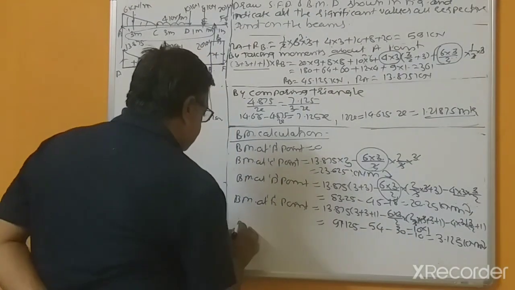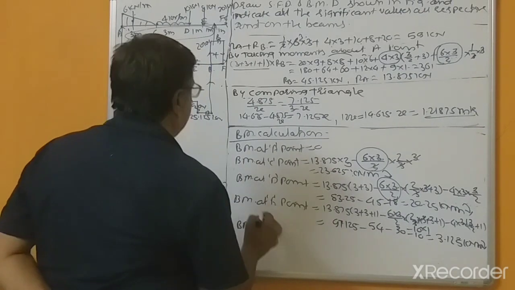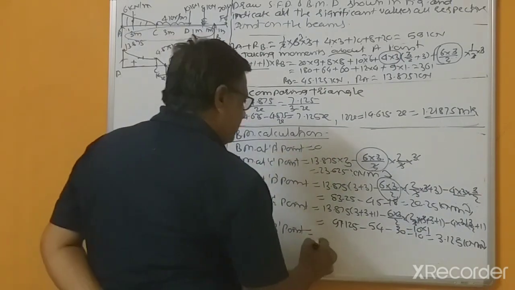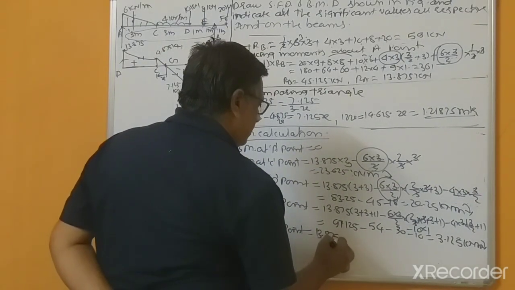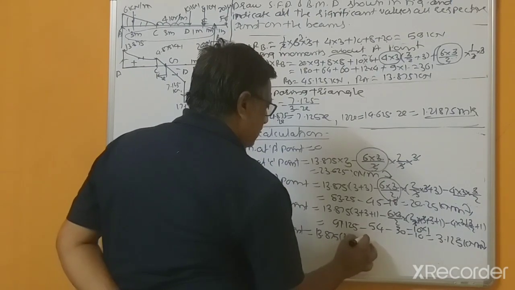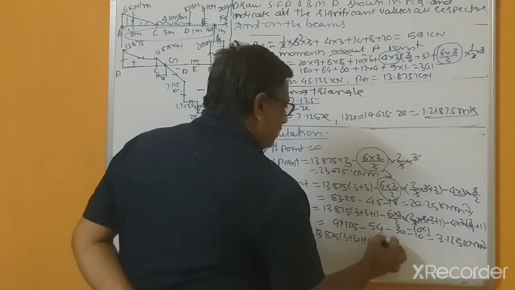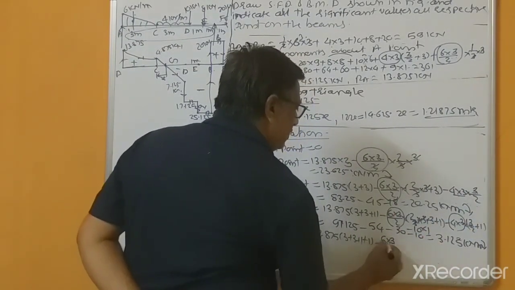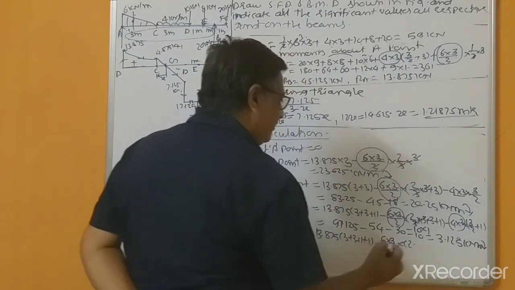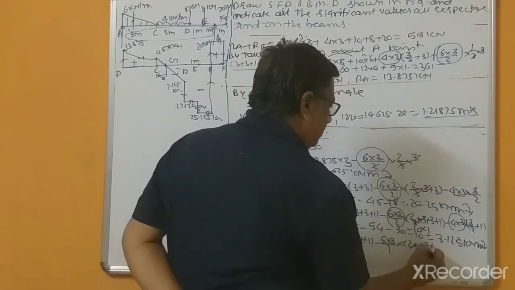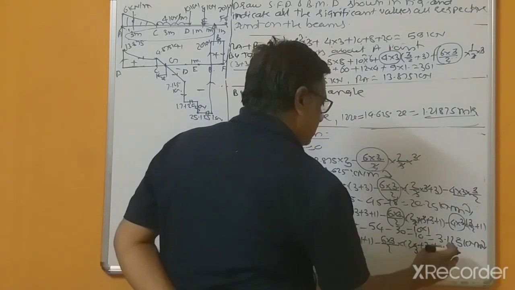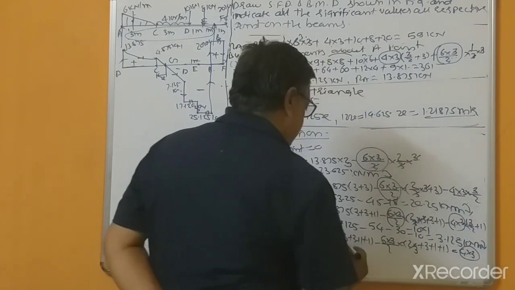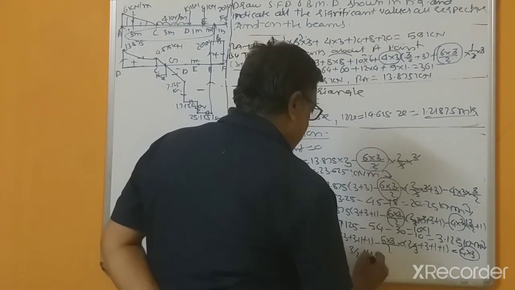Next, bending moment at B point. Now plus additional distance: 13.875, 3 plus 3 plus 1 plus 1. This is shear force, this is also shear force divided by 2/3, 3 plus 1 plus 1, minus 4 into 3 in bracket 3 divided by 2, 1 plus 1.